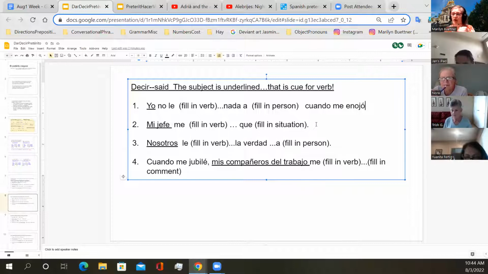Oh, you can even make it something short. If what you mean is, oh, my boss told me no. Sometimes we say, yeah, somebody told me no. Or somebody told me, yeah. Okay. So in other words, when we're saying somebody denied something or approved something, it could even be as short as this.